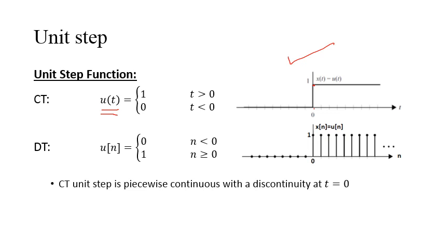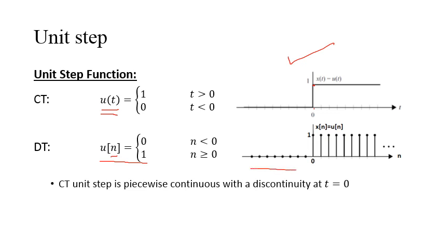In case of discrete time step function, it is defined as u of n, and that's straightforward here because there's no discontinuity involved. So when its argument, which is n, is less than 0, that is for negative values of its argument, it is equal to 0, whereas if its argument is positive, positive means you understand that anything 0 or greater than 0 is considered to be positive, in that case its output or its value is 1.